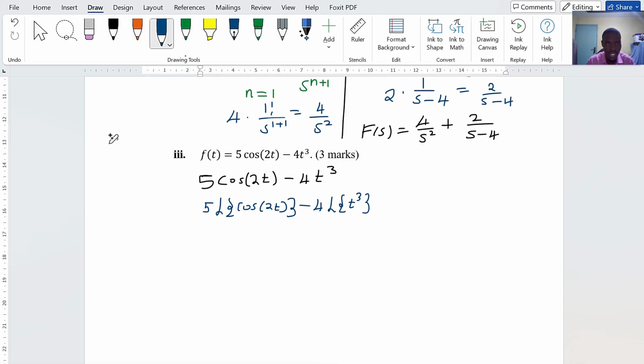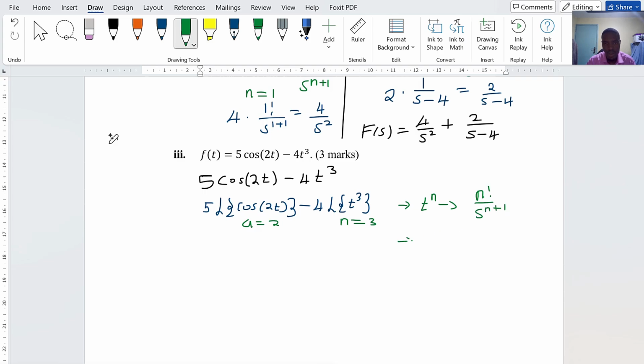From what I've written here, let me use green. Our a in the cos is 2, and our n in power t is 3. And we know for t power n, we have n factorial over s power n plus 1.